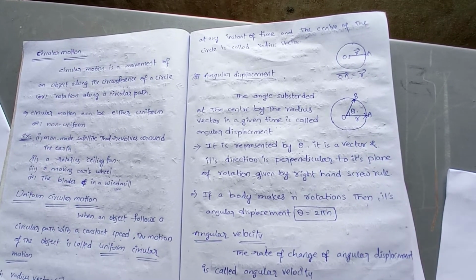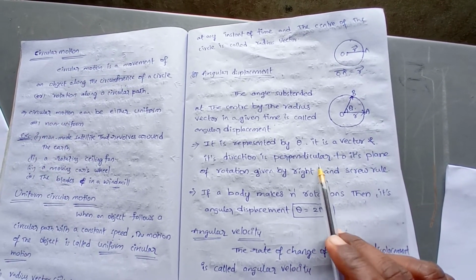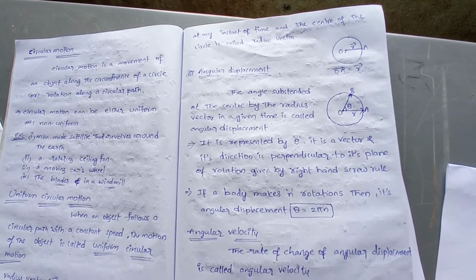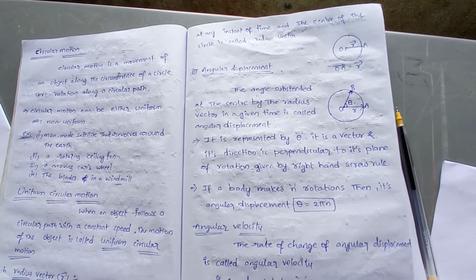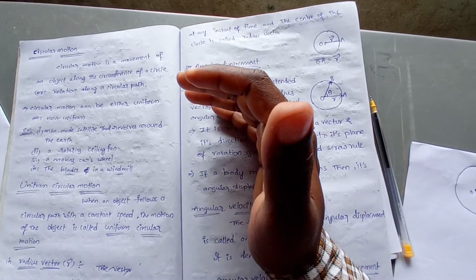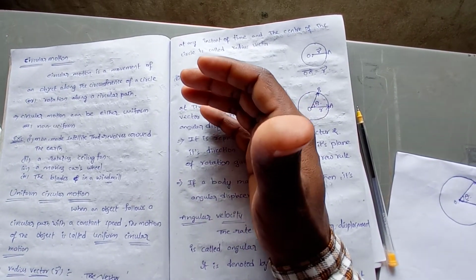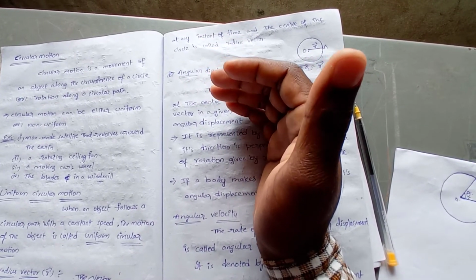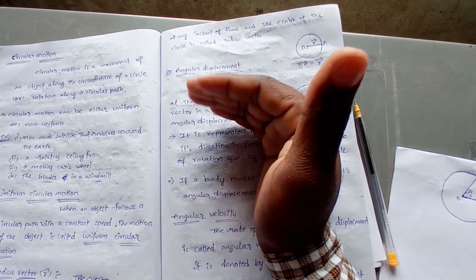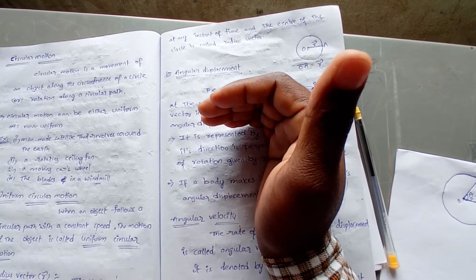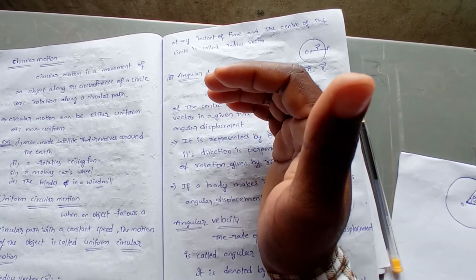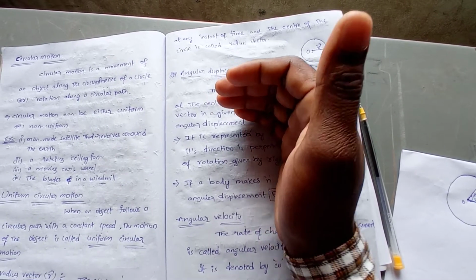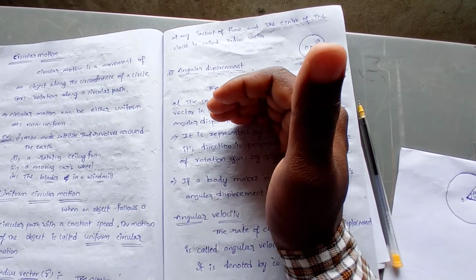The direction of the angular displacement we can find by using the right hand thumb rule or right hand screw rule. So what is this right hand thumb rule? If you observe my hand, this is a thumb, and the remaining fingers are bending in the anti-clockwise direction. The bending fingers represent the body moving in the anti-clockwise direction.